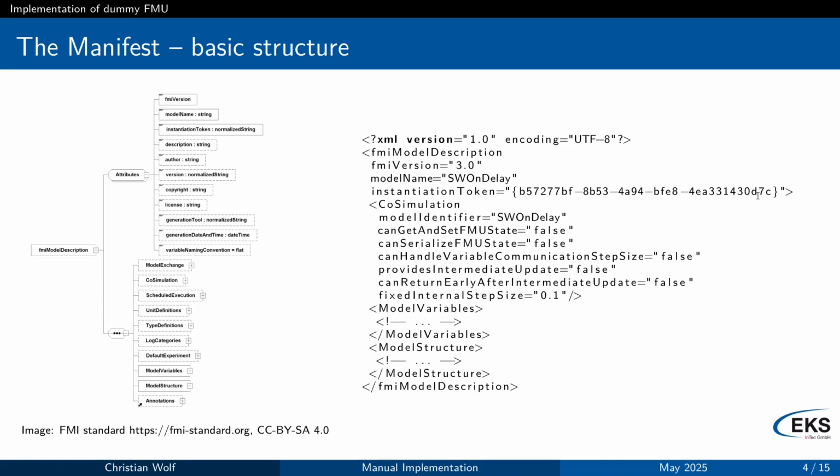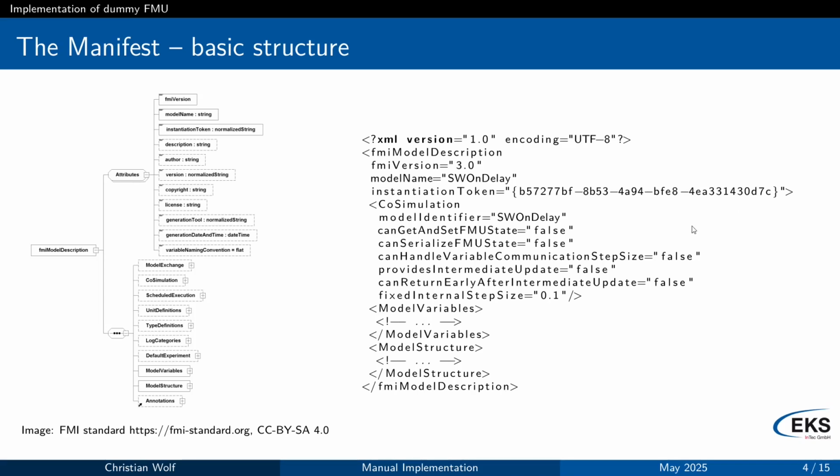This just tells if there is a discrepancy between the implementation and this manifest, then we have a problem. Because there were some inconsistencies in the past, this token was introduced. So the simulation environment will check if the simulation implementation actually has the same token stored as is stored in the XML file, and if not, will reject executing the FMU.